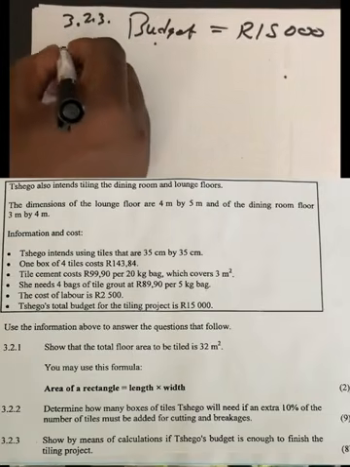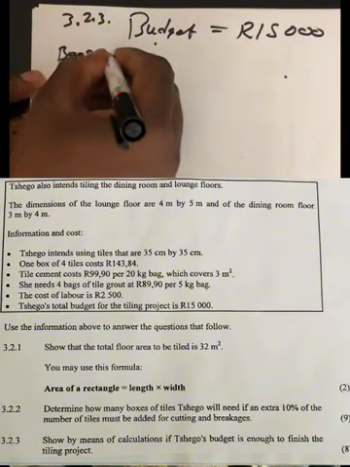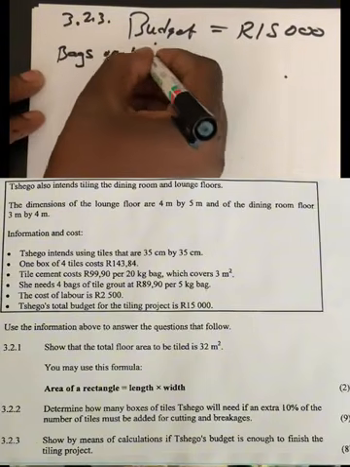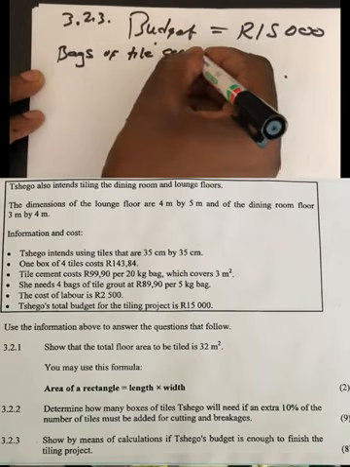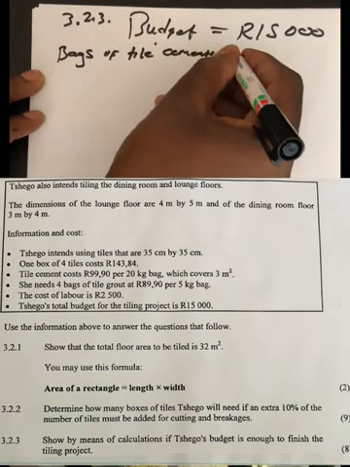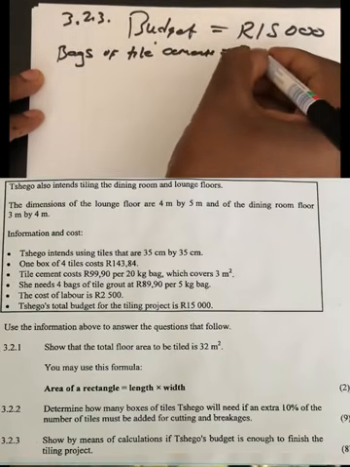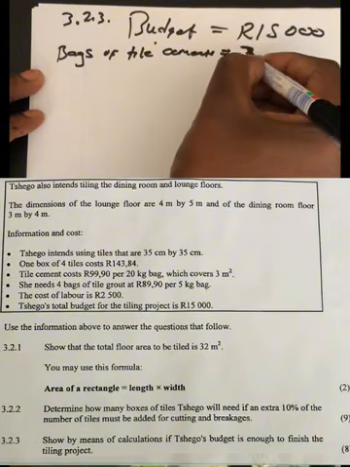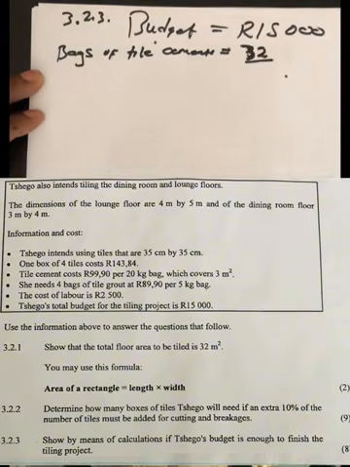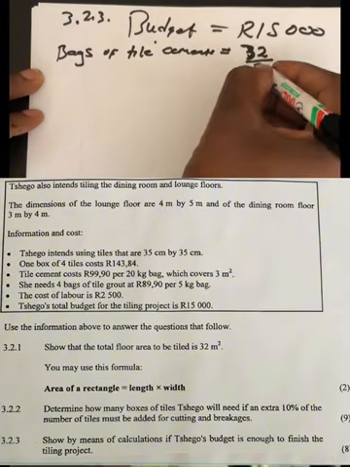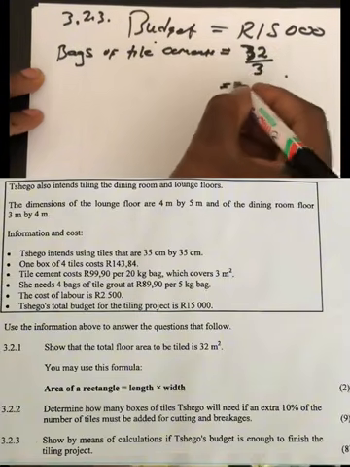Bags of tile cement is going to be the area that needs to be tiled, which is 32. We calculated this, and it says that a 20 kg bag only covers 3 meters squared.